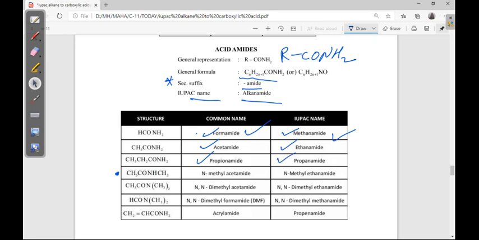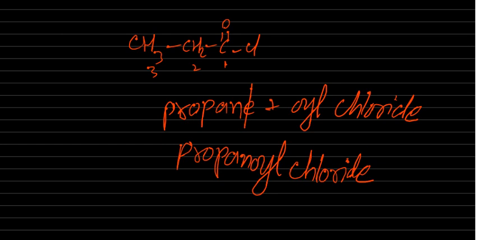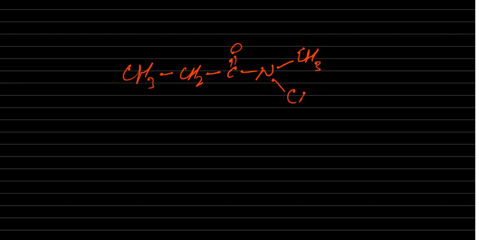Okay, next these substitutions on nitrogen. Suppose CH3 CH2 C double bond O NH2 is there, that is an amide. In place of hydrogen, suppose two methyl groups are there.